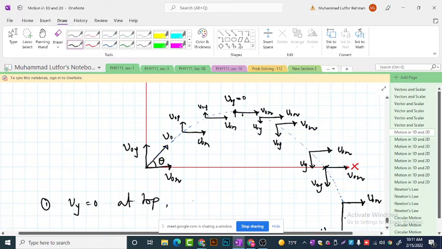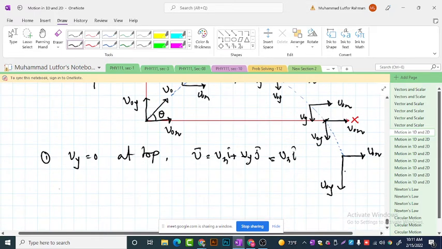But if you write down the total velocity, Vx i hat plus Vy j hat, you will find only Vx i at the top point. Although the vertical component is 0, the horizontal component is also present for projectile motion or two-dimensional motion. But if you throw in the vertical direction only, upward, at the top point your total velocity is 0, because at that point we have only the vertical velocity, there is no horizontal velocity at all.